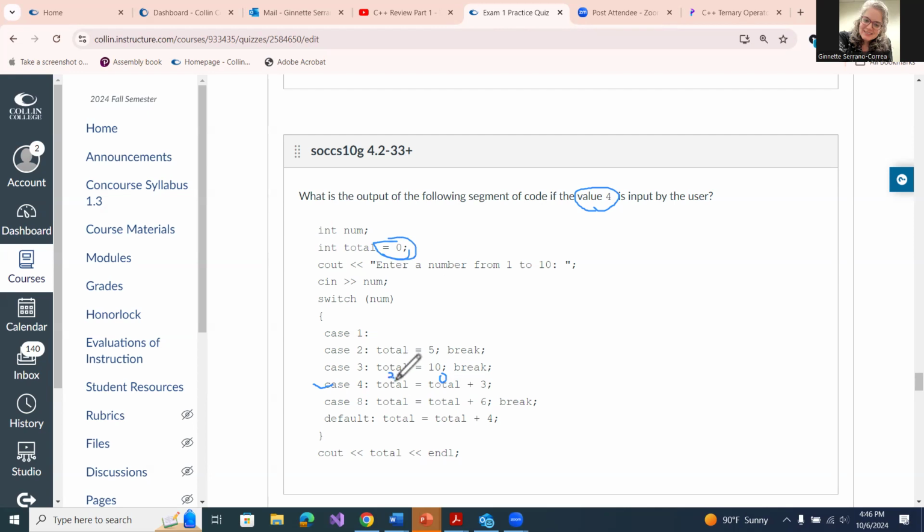Now total is 3. There's no break, so it goes to the case 8. It doesn't compare. It just falls through, since there's no break. And so now total is 3. 3 plus 6 is 9. So this will be assigned 9. And then we break out. And this is ending.